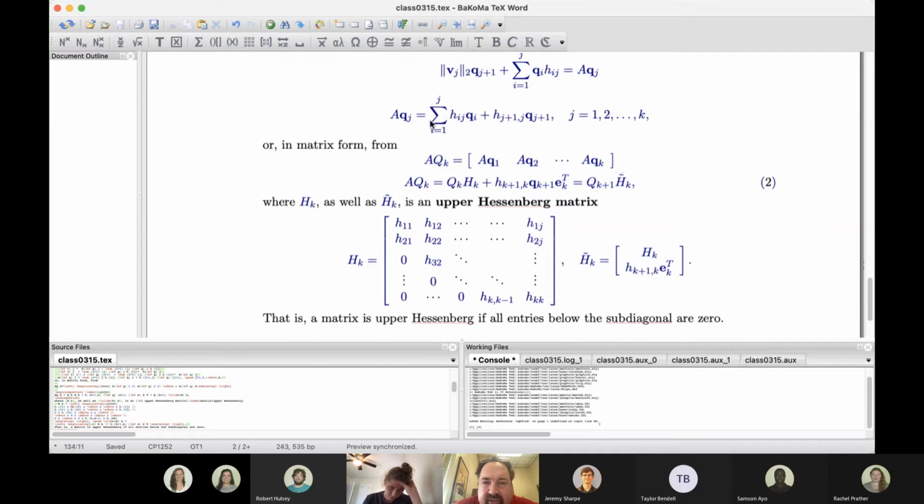So I get the first three columns of capital Qk multiplied by these coefficients from the second column of Hk. The rest is 0 in the second column, so it doesn't make any contribution. The same pattern applies for all the columns until I get to the last one, where I need this term.